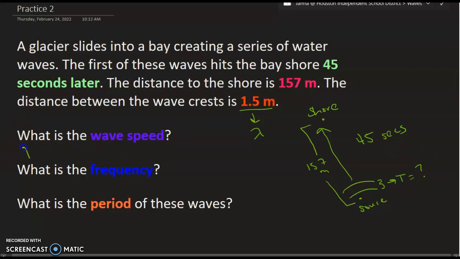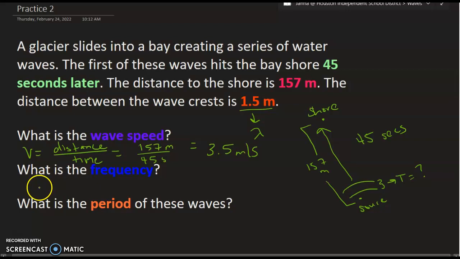I know that the wave speed is still the distance traveled by the first of the waves divided by time, 157 meters in 45 seconds. That's 157 over 45. That gives us 3.5 meters per second.